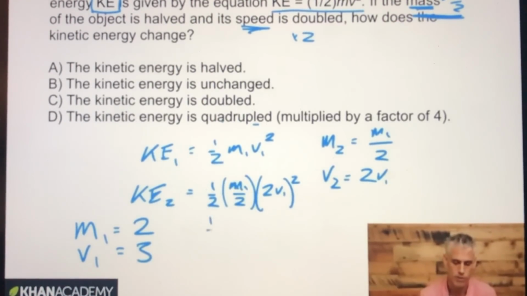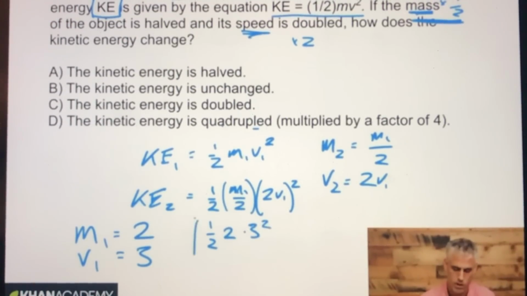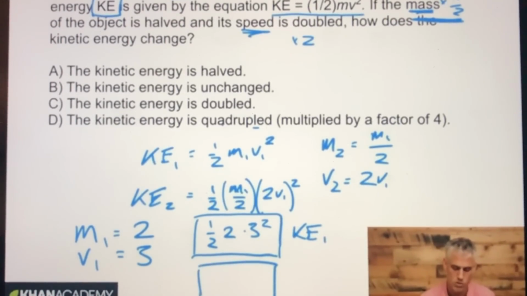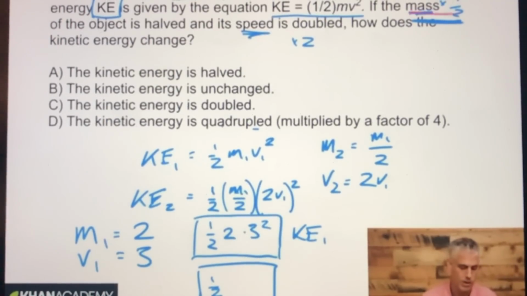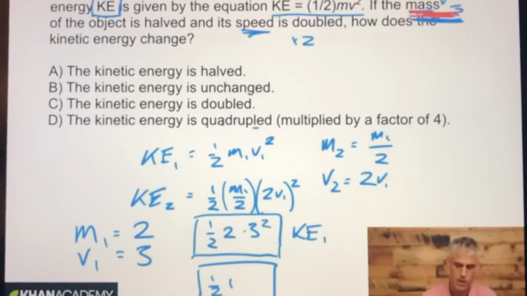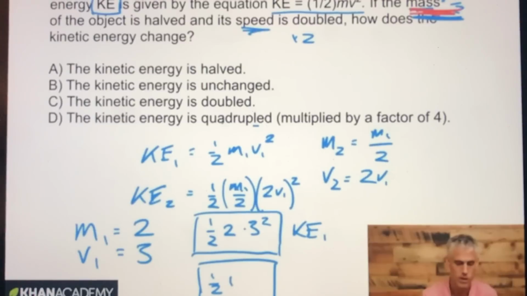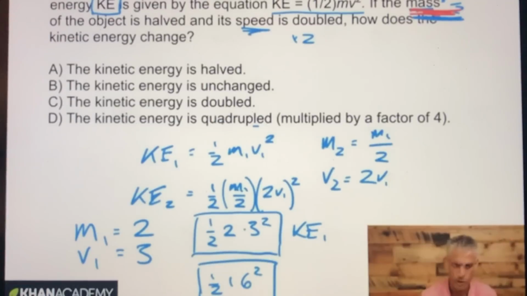Our first kinetic energy, KE1, is half times 2 times 3 squared. And now KE2 is going to be half times, we need to cut the mass in half, so this is times 1, and our velocity, v1, is going to be doubled, so this is times 6, and that gets squared.